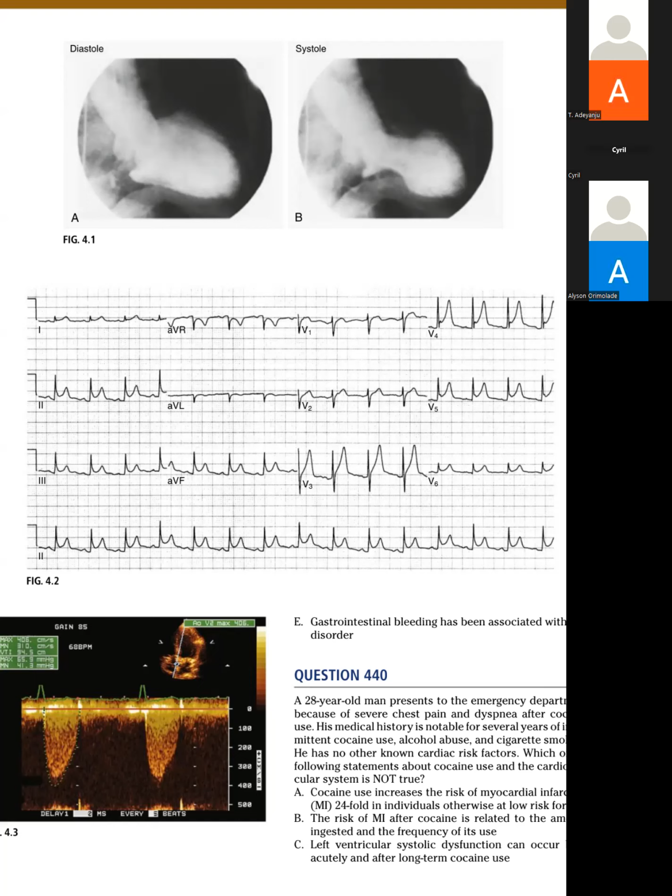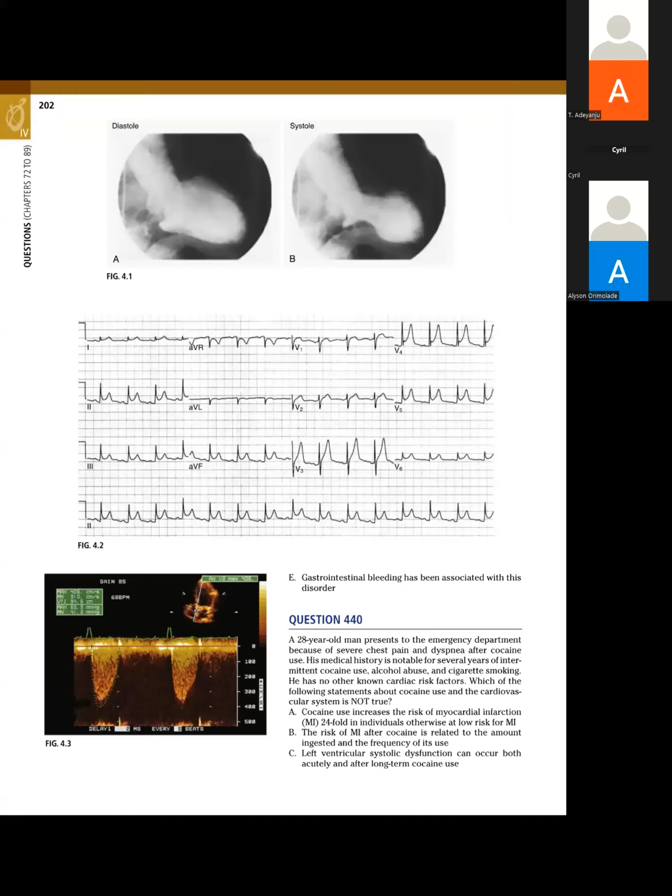So match these ECG findings with the chest pain that is relieved by leaning forward, then the diagnosis of pericarditis is more in tandem. So let's have a look at the options again. Thank you very much.